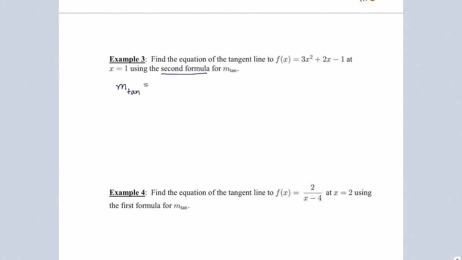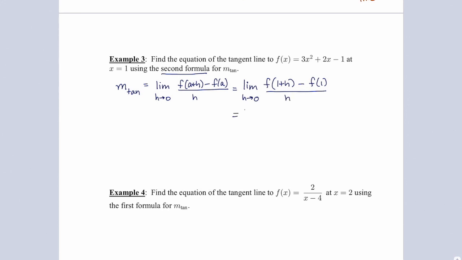The second formula said, let's do the limit as h goes to 0, f of a plus h minus f of a divided by h. And so we want the limit as h goes to 0. A is 1, so we'll have f of 1 plus h minus f of 1 divided by h.